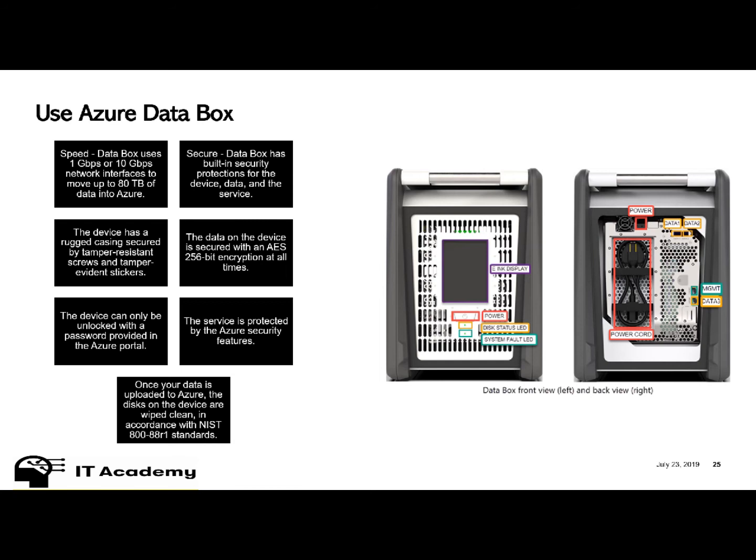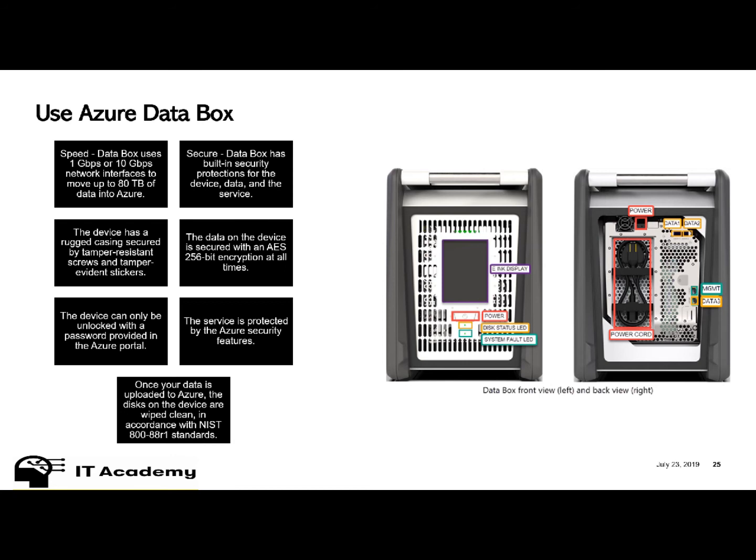That means if somebody plays around with the appliance, we're going to know about it. If the box gets damaged or is exposed to magnetism or heat, it'll protect our data physically. The data that we keep on a Data Box is secured using an AES 256-bit encryption key. That means there's a very strong level of encryption in place on that data at all times.